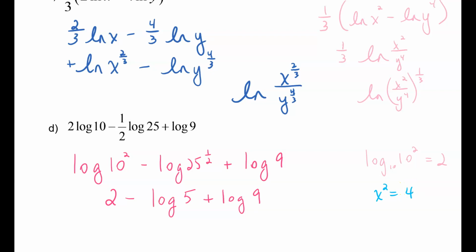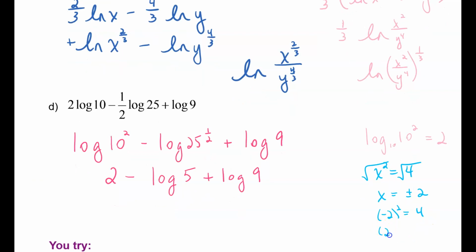Because in this case, in order to figure out what x is, we would take the square root of both sides, and that means that x could potentially be negative, right? Because the original problem is starting with an x squared is equal to 4, right? So yes, you could plug in a negative there because that will give you 4, and you can plug in the positive there, which will also give you 4.